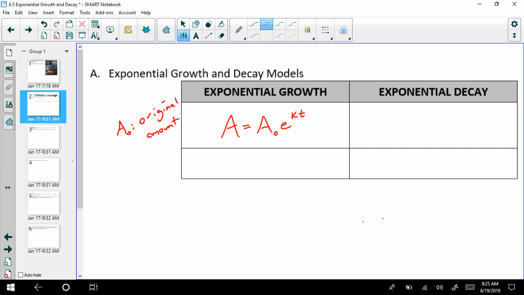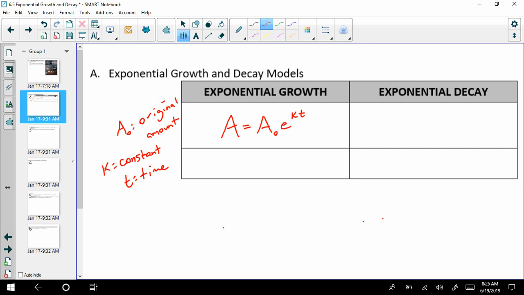And then remember, e is a number, roughly 2.72. k is going to stand for our constant value, and t is going to stand for our time, whatever time frame we're dealing with.